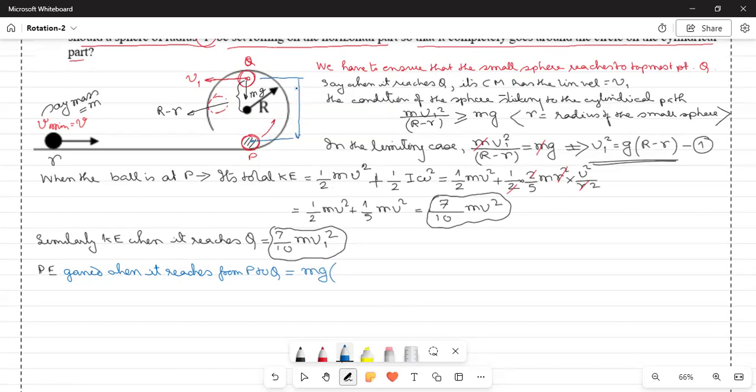Distance between the two centers of mass. Distance from here to here is 2r minus 2 small r. So this is equal to 2 mg, capital R minus small r.